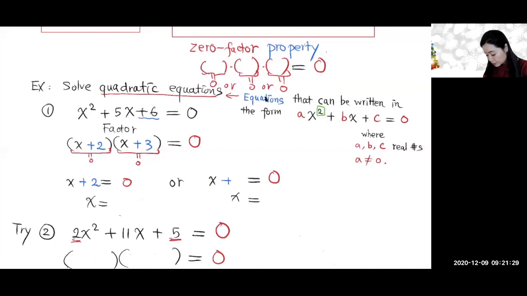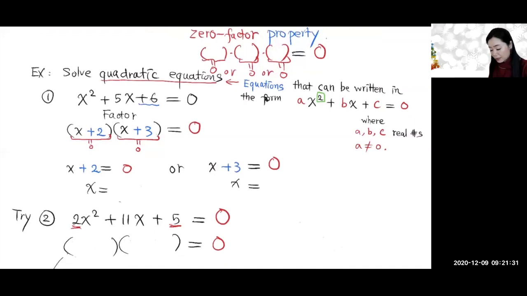Now notice that by using the zero factor property, I break this equation of degree 2, a quadratic equation, into two equations of degree 1. You see the exponent on x here is the first power. So the zero factor property is helping you break this equation into simpler equations of lower degree, from degree 2 to degree 1.